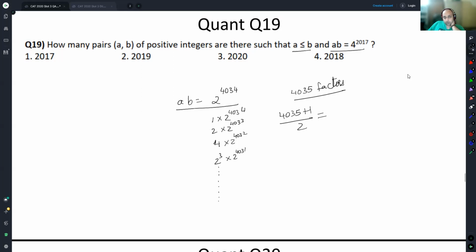This will keep on going up until 2 raised to the power 2017 into 2 raised to the power 2017. This 1 is nothing but 2 raised to the power 0, this 2 is nothing but 2 raised to the power 1, this 4 is nothing but 2 raised to the power 2. So how many ways can you see here? From 0 to 2017, how many ways? 2018. So how many pairs AB of positive integers are there such that A is less than or equal to B and AB is equal to this? Option 4, 2018.